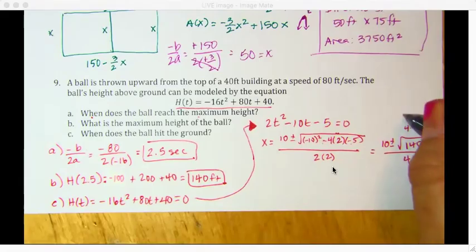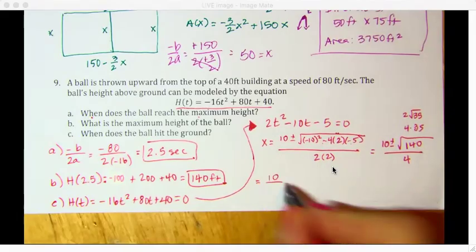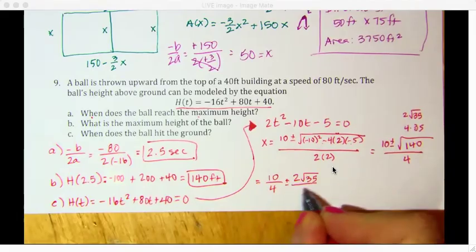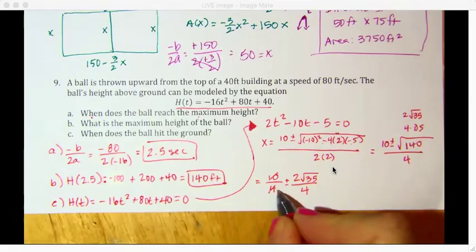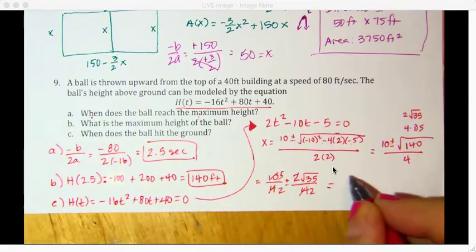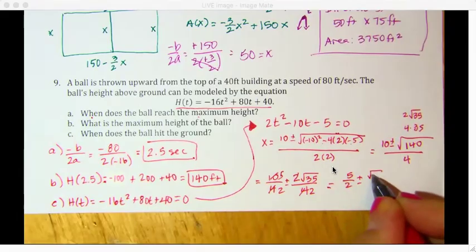So I can rewrite that as 2 root 35. And I can reduce this. So I have 10 over 4 plus or minus 2 square root 35 over 4. Both of those can reduce. And so I have 5 over 2 plus or minus square root 35 over 2.